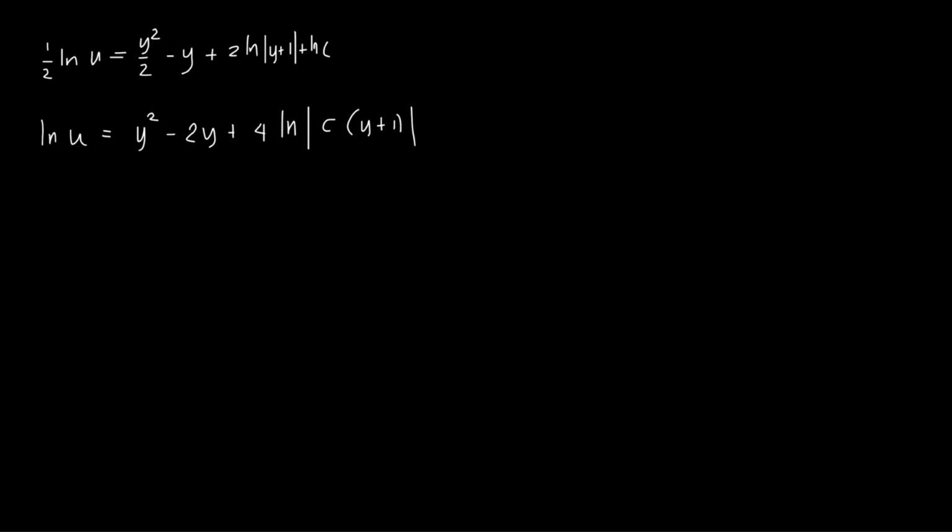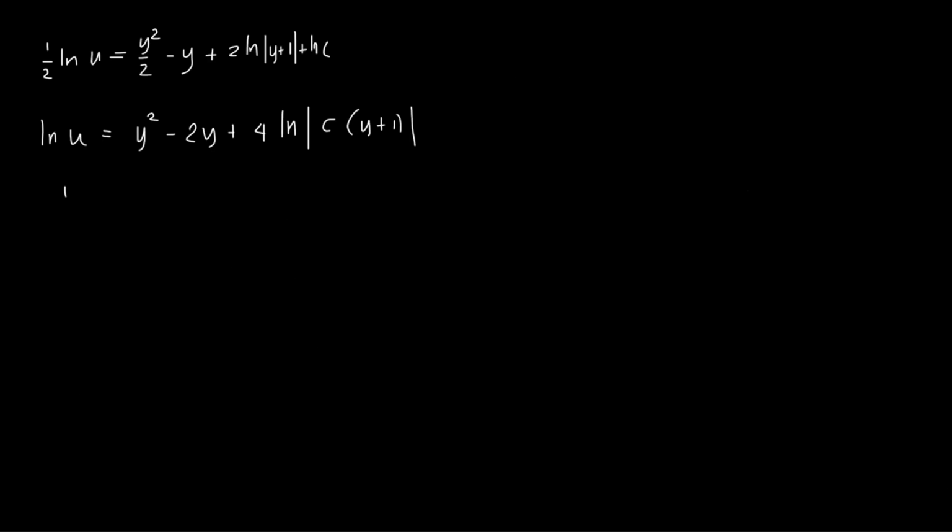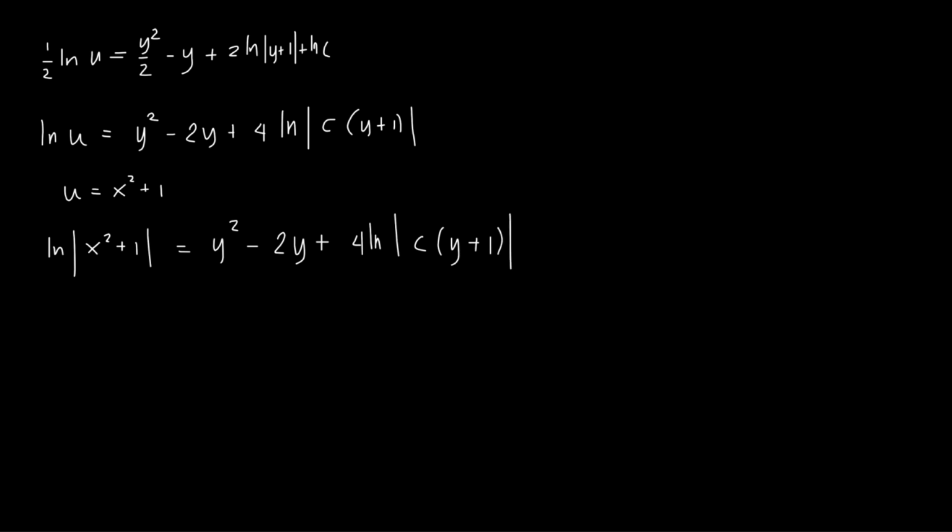Again, u is x squared plus 1, and we will have ln of (x squared + 1) equals (y squared - 2y + 4) times ln of c(y + 1). Okay, so that is the answer. You can check the answer, it's also in the book, exercise number 22, page 25.